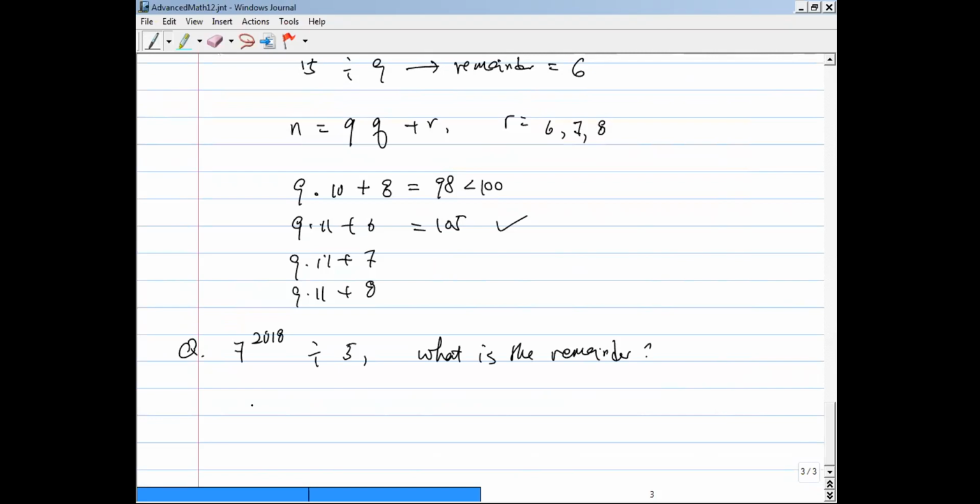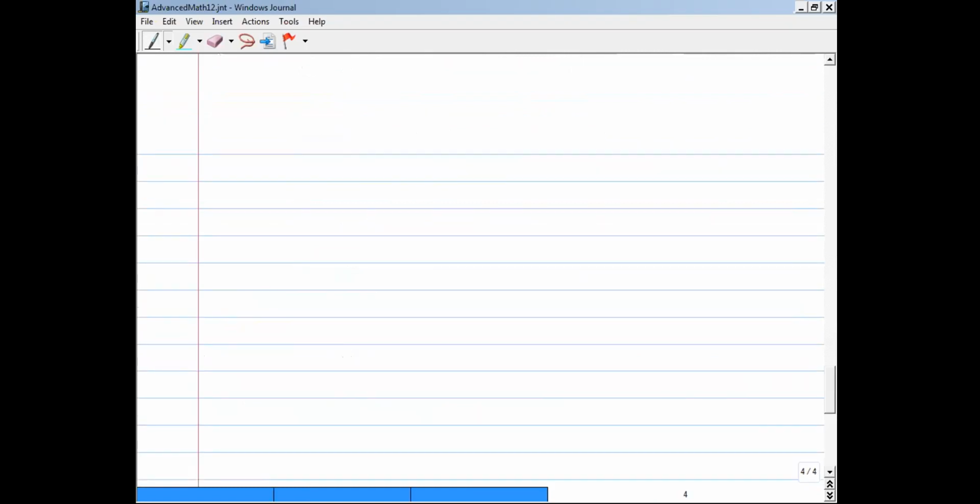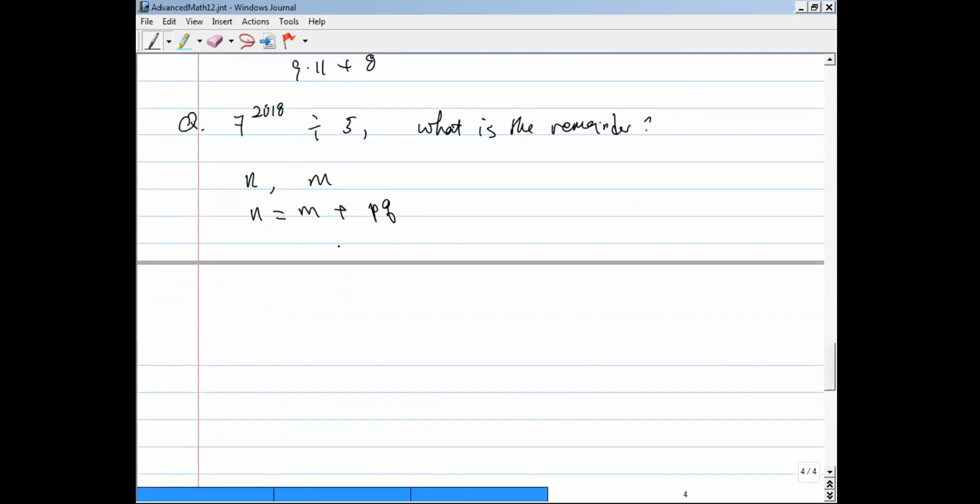My first notation: if you have 2 numbers that give the same remainder when divided by P, then I say they're almost equal. Here's the definition: when they are not equal, I put the modulus P, if they have the same remainder when divided by P.